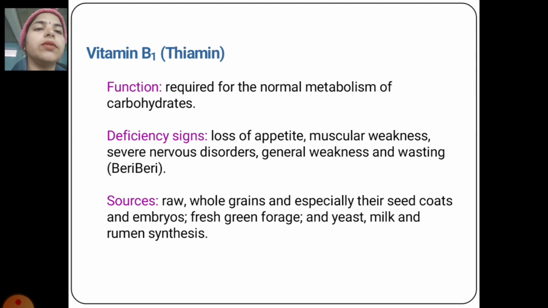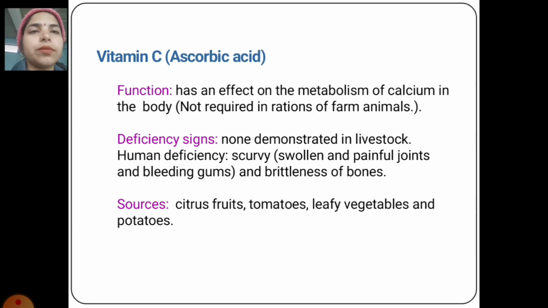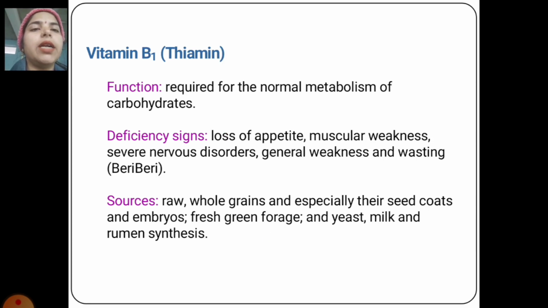Sources are raw whole grains, especially their seeds, coats and embryos, fresh green forage, yeast, milk and rumen synthesis. These are vitamin B1, its sources, deficiency and function.